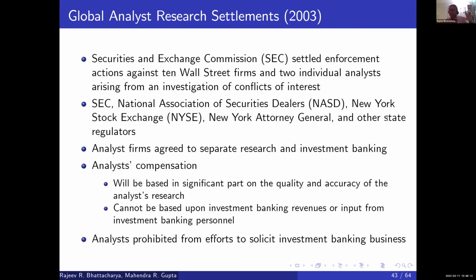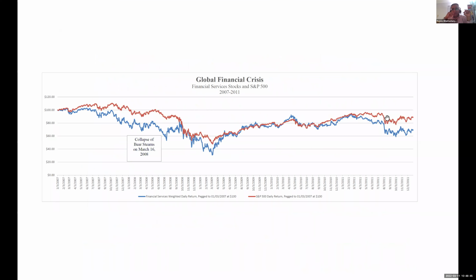In our paper, this is covered in gory detail as to what used to be the case and why this was quite a landmark event. The idea was analyst compensation will be based significantly on the quality and accuracy of the analyst research, which makes our paper so relevant, and cannot be based upon investment banking revenues or input from the IB personnel.